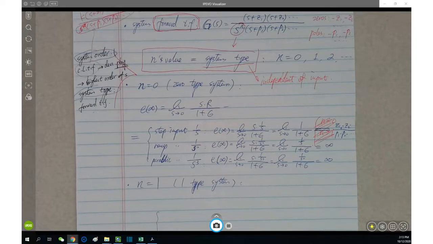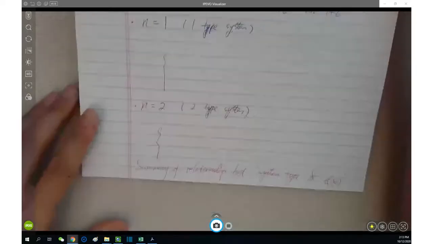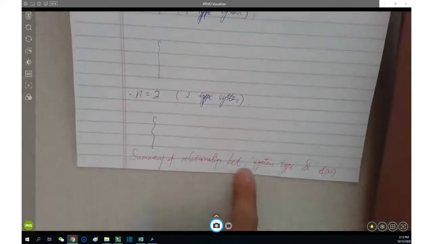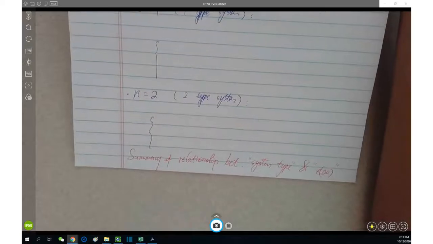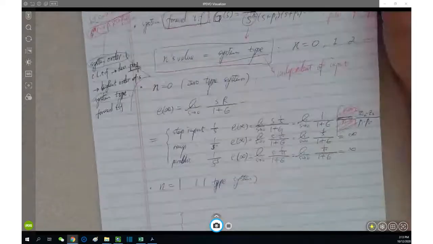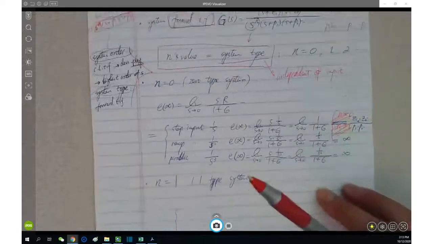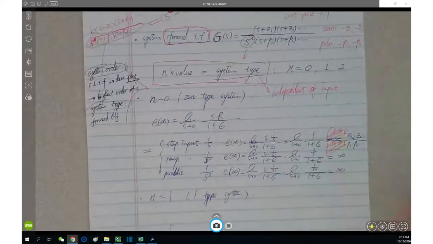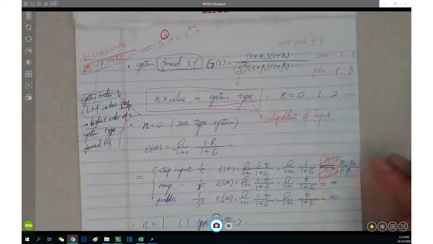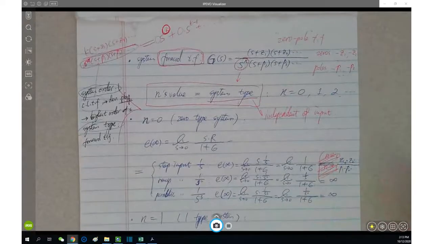So these are the things we learned today. At the beginning of the next lecture, I'm going to present the summary between the system type and the steady state error, followed by examples. Maybe you'll be able to find the calculation there. Okay.